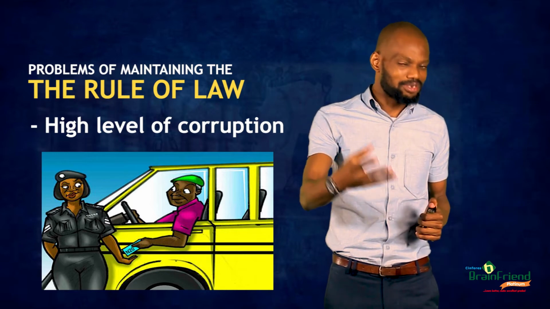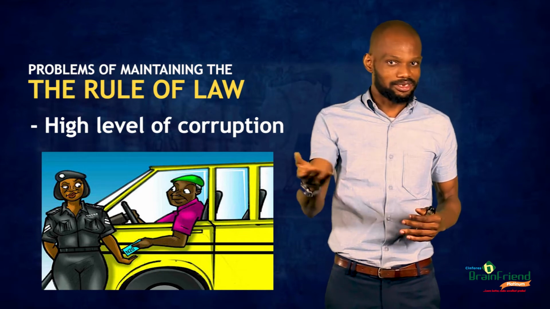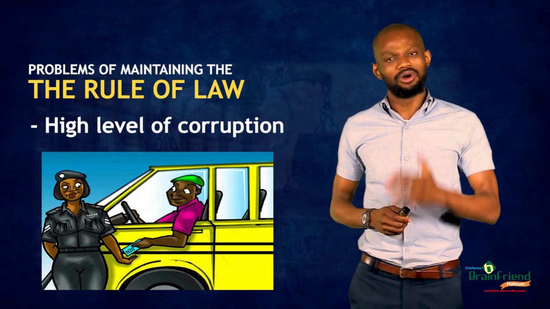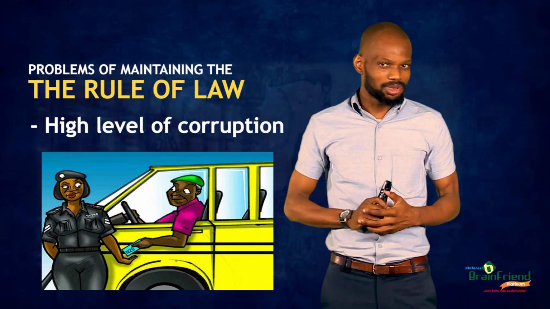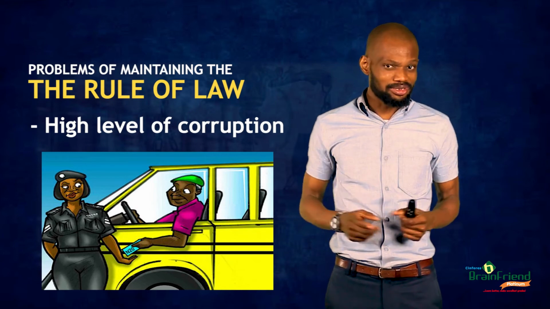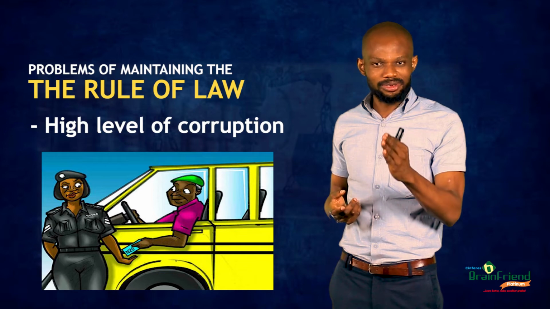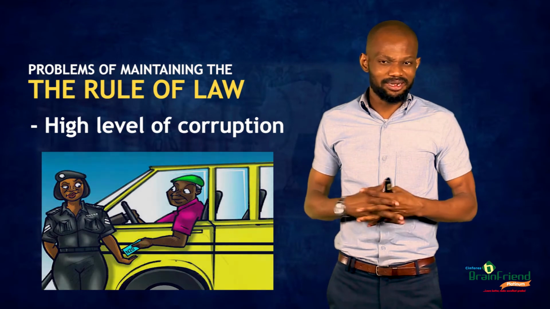When government does this, it sends a message to the people that it does not tolerate lawlessness, and it will help to enforce the supremacy of the law over the dealings and affairs of the people. So, high level of corruption in governments and also its institutions is one of the major reasons why the rule of law cannot be maintained in practice.